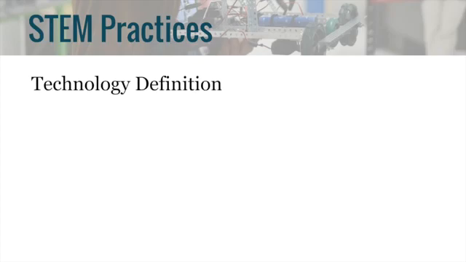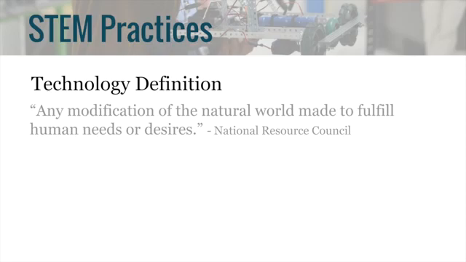Finally, the book also provides 4 technology practices. But before I list these practices, I want to talk about the definition of technology. The term is usually used for anything that needs to be plugged in, especially a device that is computerized. However, the National Research Council states that technology is any modification of the natural world made to fulfill human needs or desires.